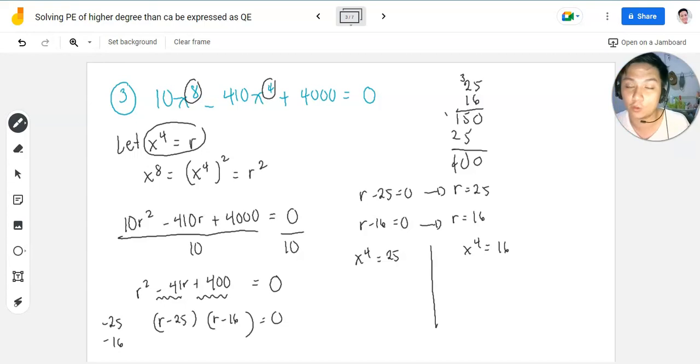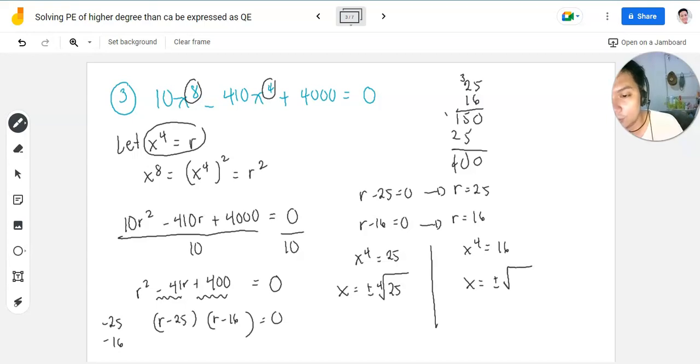At dahil nga fourth root, the index is 4, it's an even number, ibig sabihin, dito lalabas ulit ang positive or negative sign. So, fourth root na, mayroon na nakasulat na index dito. Hindi kagaya pag square root, no need to write 2. It's understood na square root siya, no? Of 25. Dito naman, x equals positive or negative fourth root of 16.